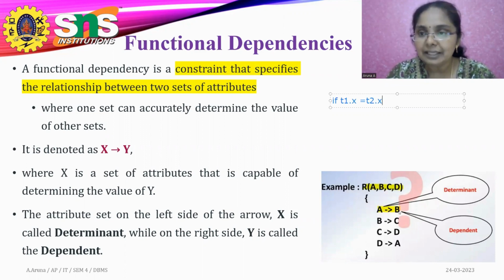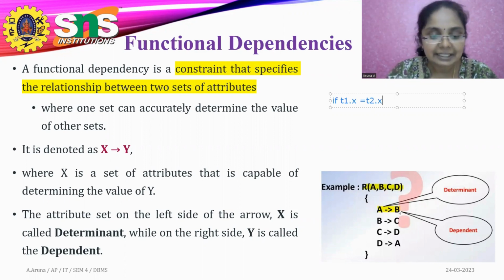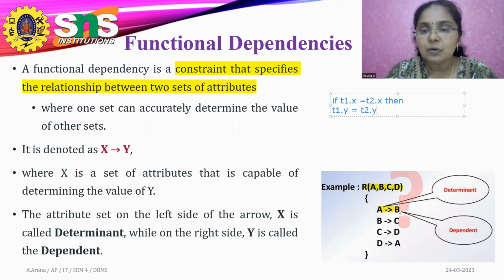If both are equal, then definitely T1.Y must be equal to T2.Y. If this relation is satisfied, we can call that particular function fully dependent. Otherwise, we cannot say so.